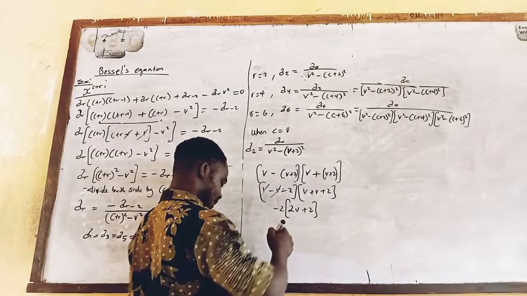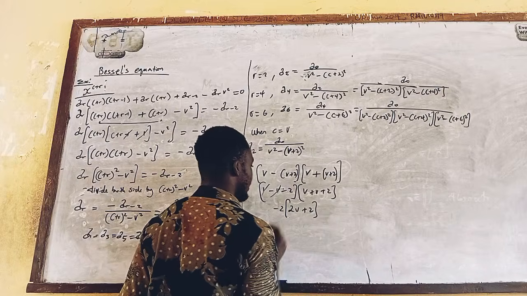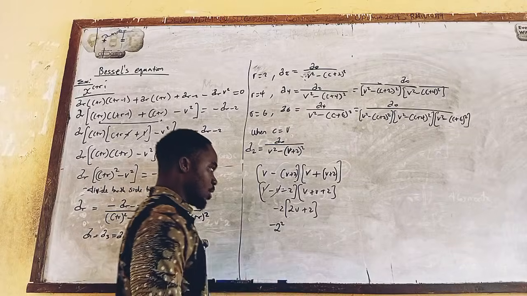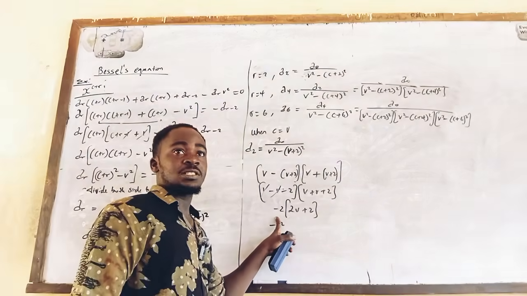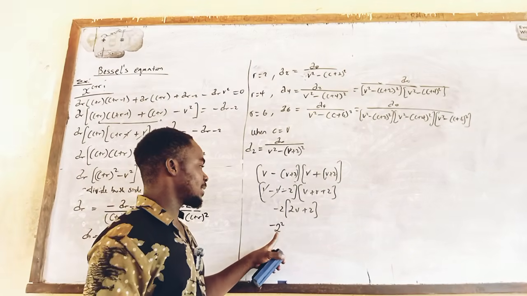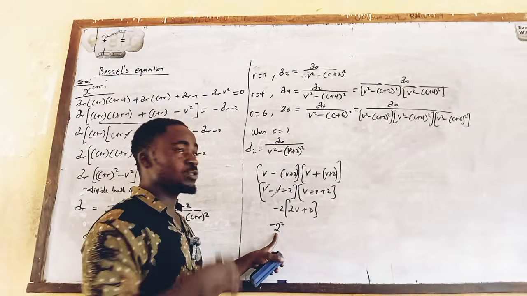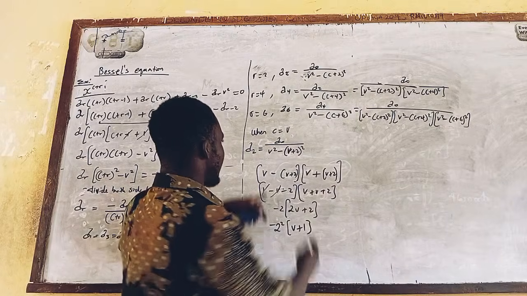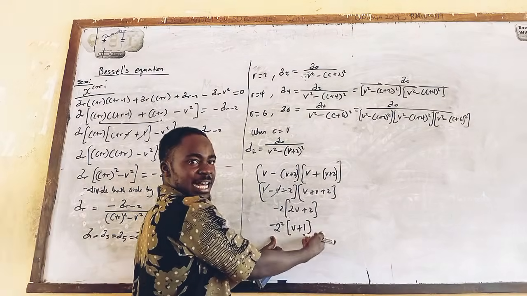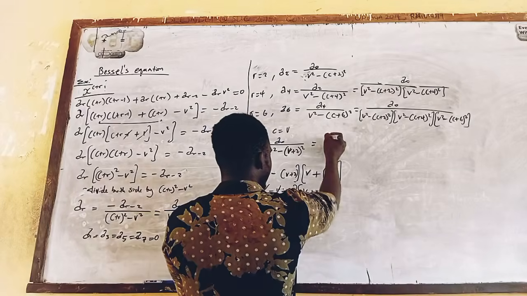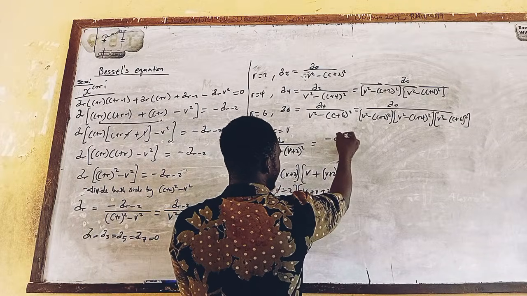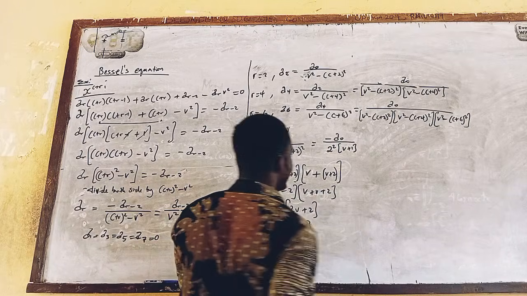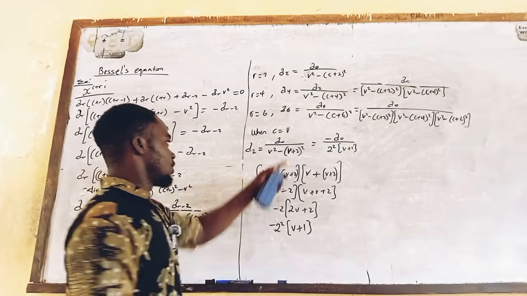Now you can see that there is something in common here, which is 2. If I factorize the 2, it will be 2 raised to power 2, if I take out the 2 here and multiply it, that will be 4. But we write it as 2 raised to power 2, then it's going to be v plus 1. So if I solve this, we arrive at minus a naught over 2 squared (v plus 1). The minus goes up. So this is the answer that we obtain when we solve this.